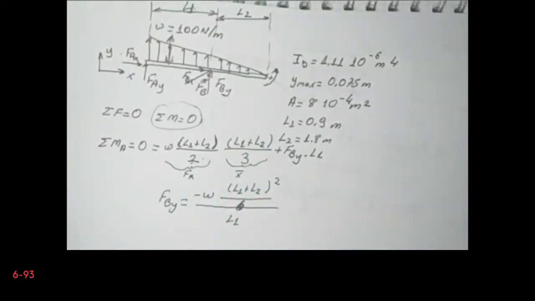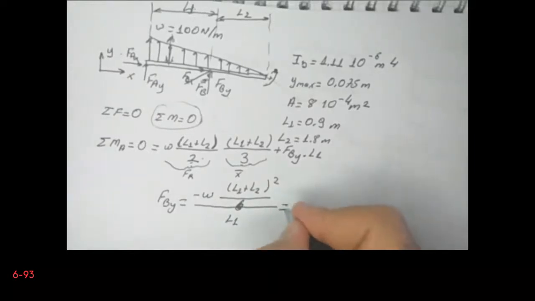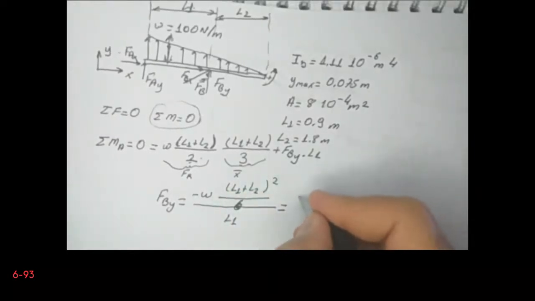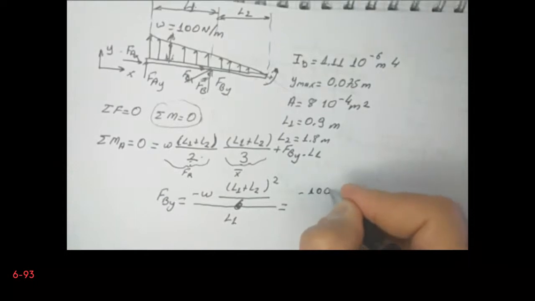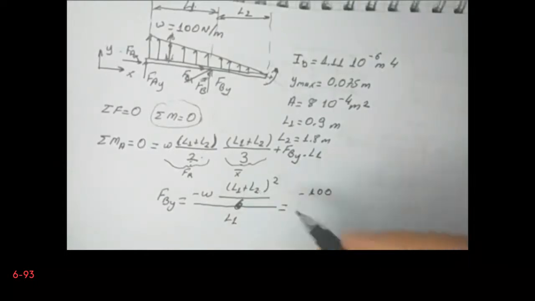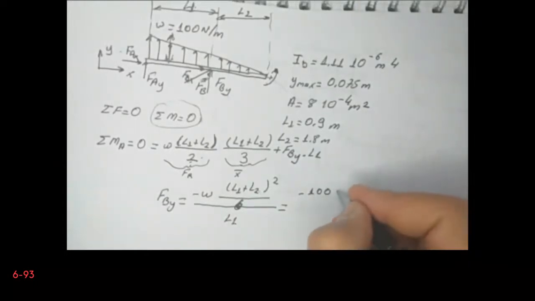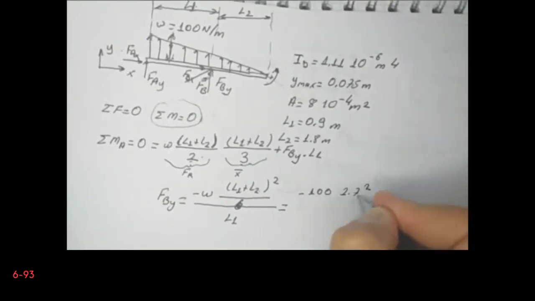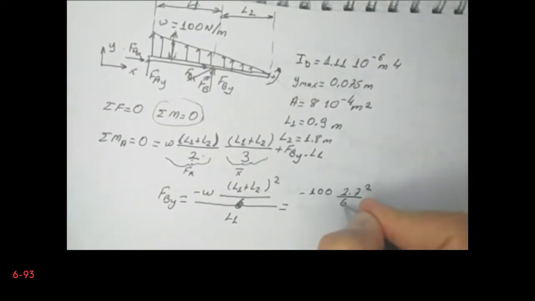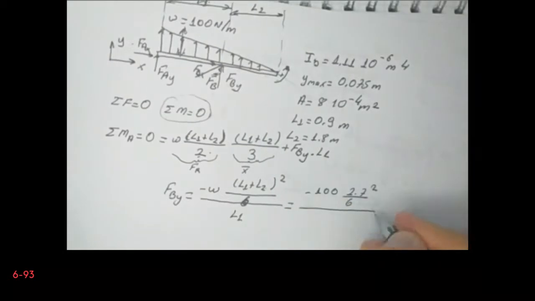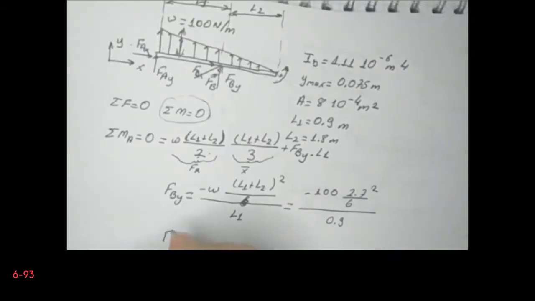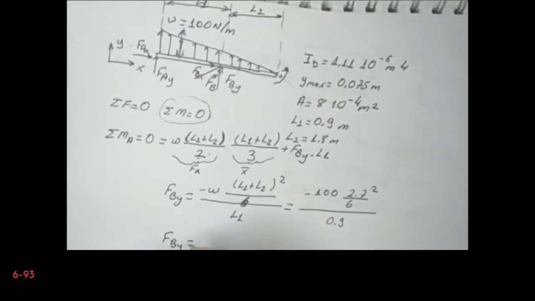So if you put the values, W is minus 100, L1 plus L2 is equal to 2.7 squared divided by 6 divided by L1 is equal to 0.9. So from here what we are going to find for the FBY is, so let's do the calculation.